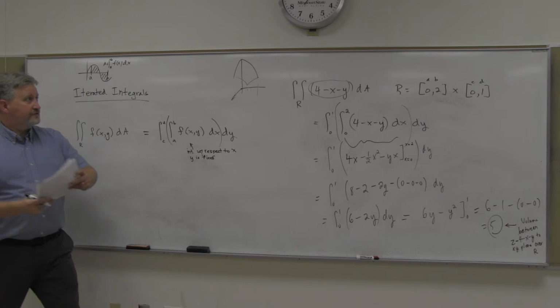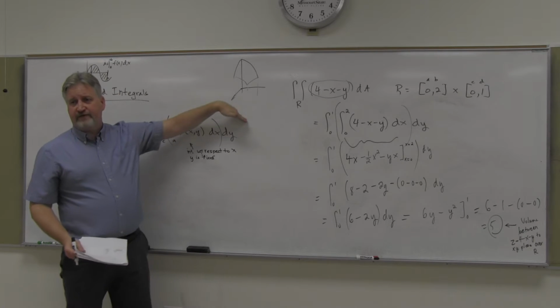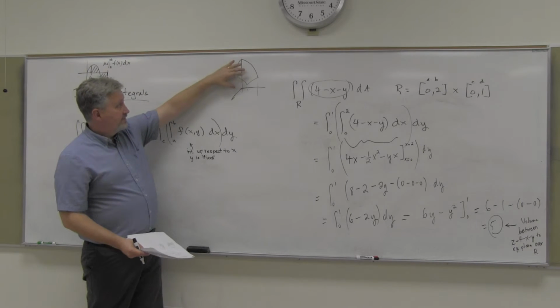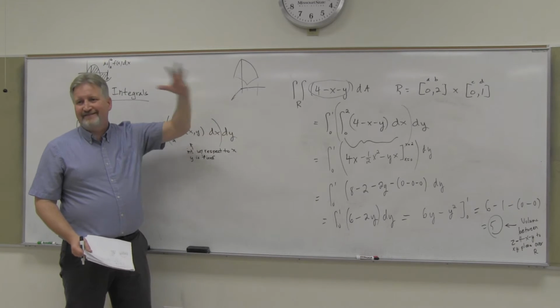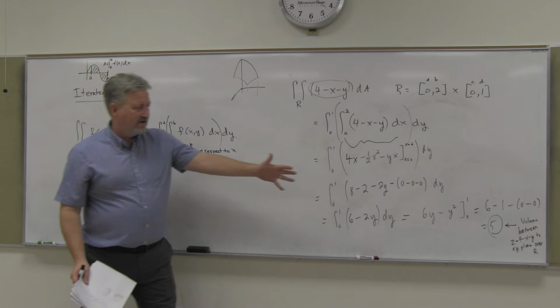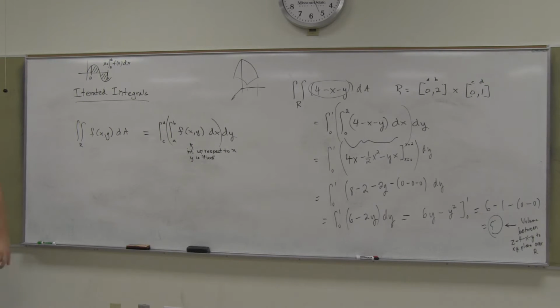If your z values drop below the xy plane, it's going to compensate. You're going to have the part on top minus the part below the xy plane. So it's a net volume. Like with area, we sometimes just say volume, but it's a net volume.